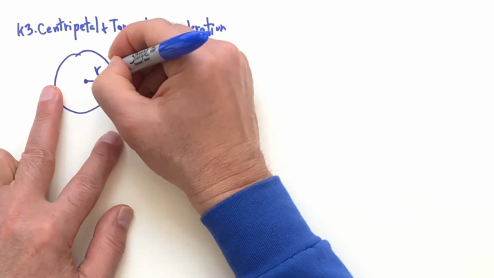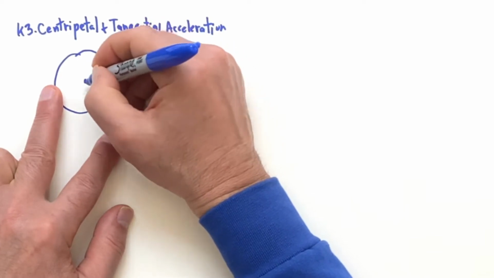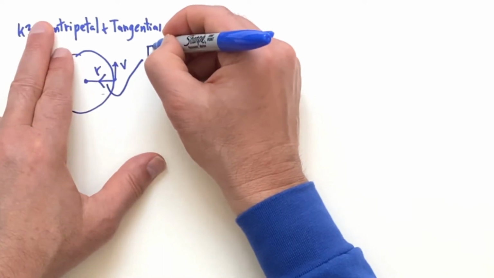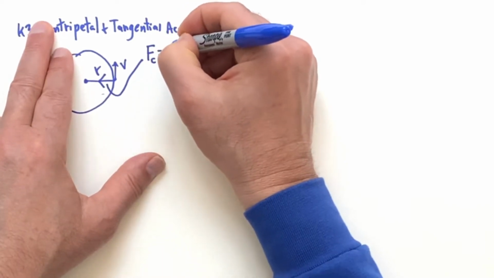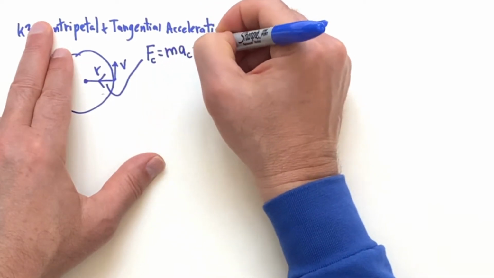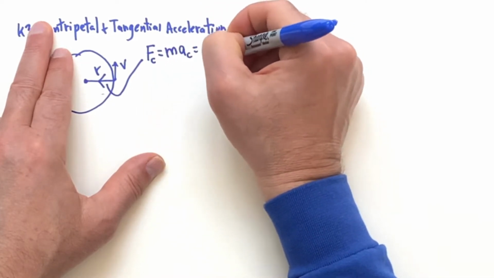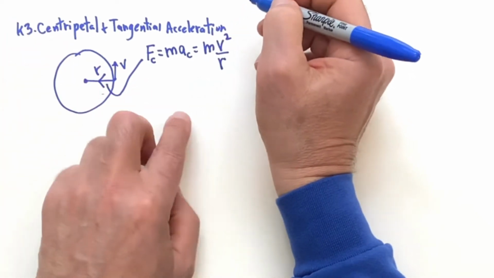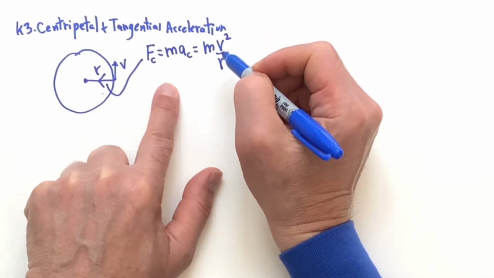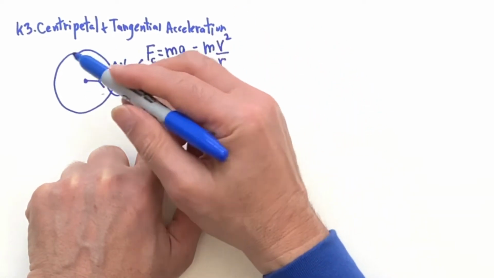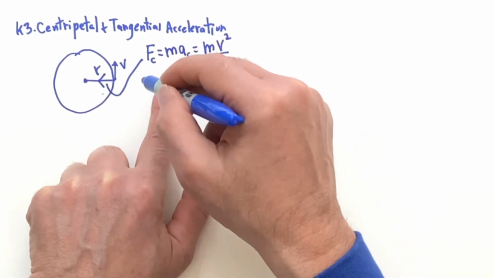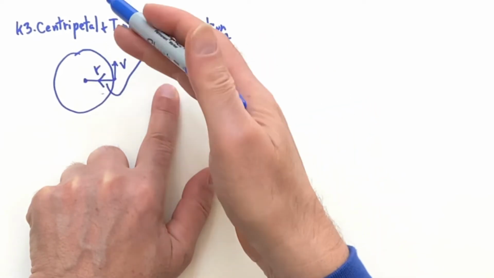The force on the string pulls in, and that force, the centripetal force, is equal to the mass times the centripetal acceleration, which is mv squared over r. So you get acceleration of the centripetal type when you have a velocity that's making something go in a circle, and in this case the velocity is constant, so that's all you have.